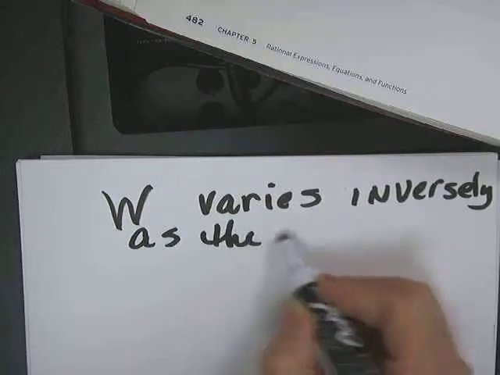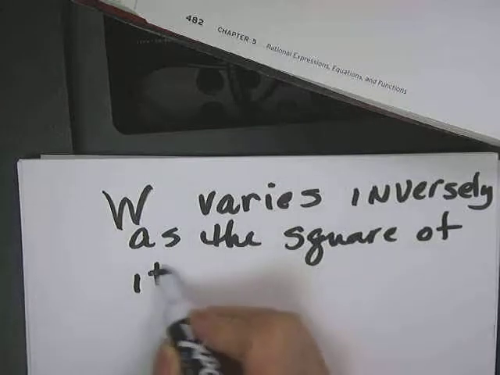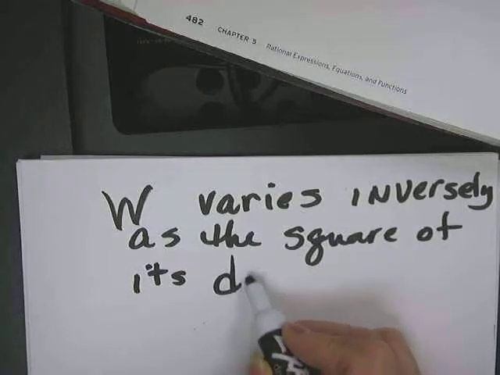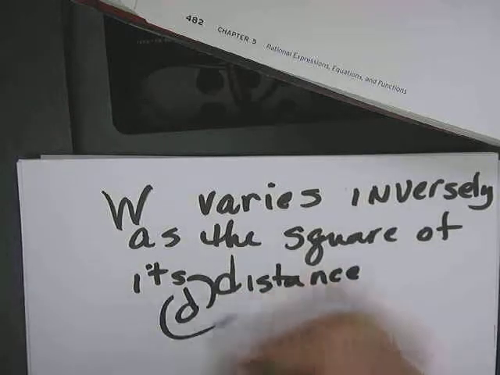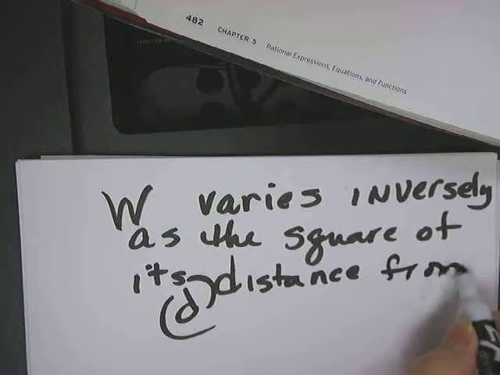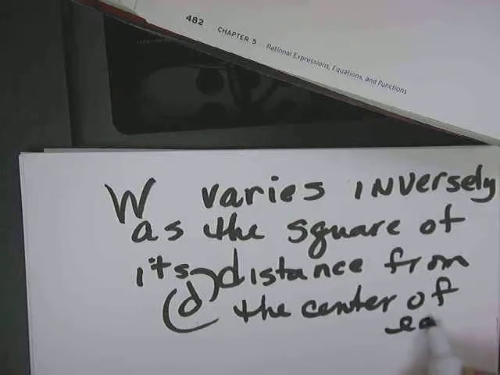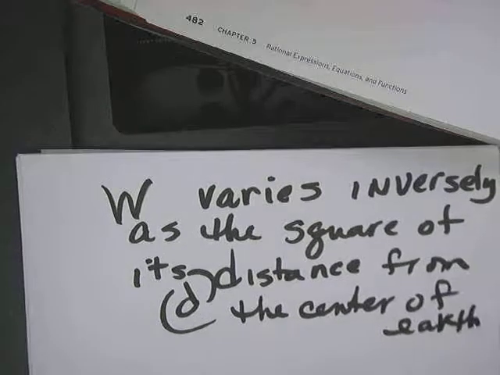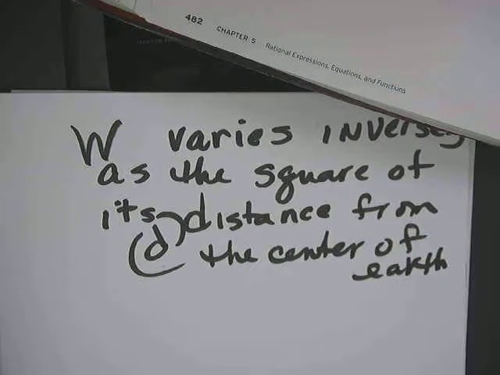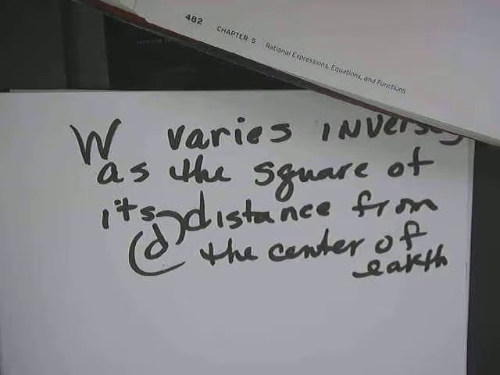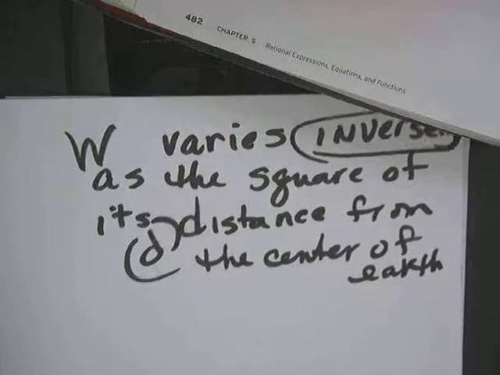It says, from the law of gravity, we know that the weight of an object W varies inversely as the square of its distance, d, which is the distance from the center of the earth.